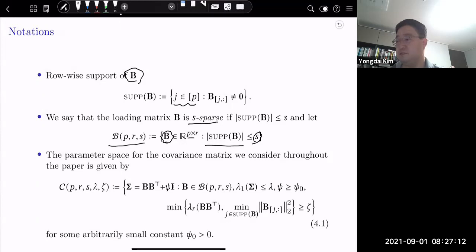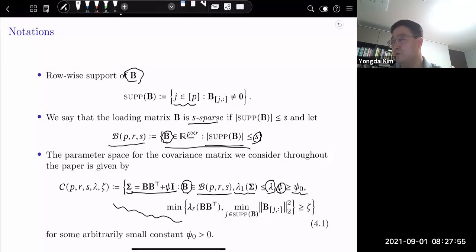Then we consider this parameter space, where we expect the true covariance matrix to belong. Let me explain some details. Sigma, the covariance matrix, is B B transpose plus psi I. This is a low-rank-plus-diagonal matrix. And the factor loading matrix belongs to B_{P,R,S}. That means the sparsity level of the factor loading matrix is less than or equal to S, and the largest eigenvalue of the covariance matrix is less than or equal to lambda. And the noise variance is lower bounded by psi_0.